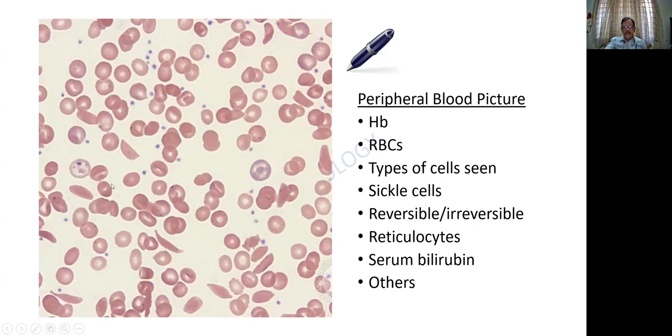Irreversible sickling. The presence of reticulocytes. Serum bilirubin is increased because it is a hemolytic anemia. And any other finding you people will have to mention. RBCs over. WBCs are usually normal unless the patient has some infection. There can be a leukocytosis. But they are all secondary changes and not primary changes in sickle cell anemia.